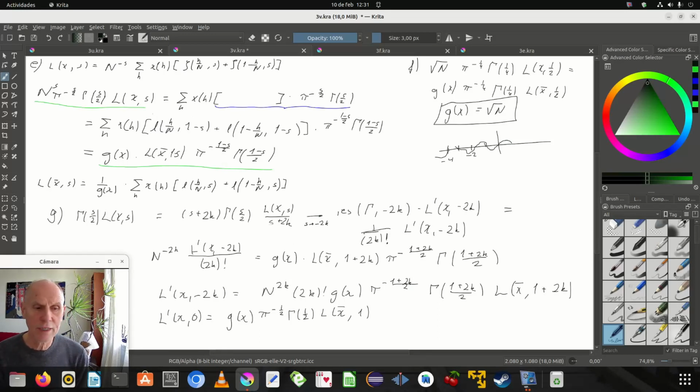So we go back to the reflection formula for the gamma function and setting s equal to 1/2, we get pi divided by sine pi half, so it's pi.